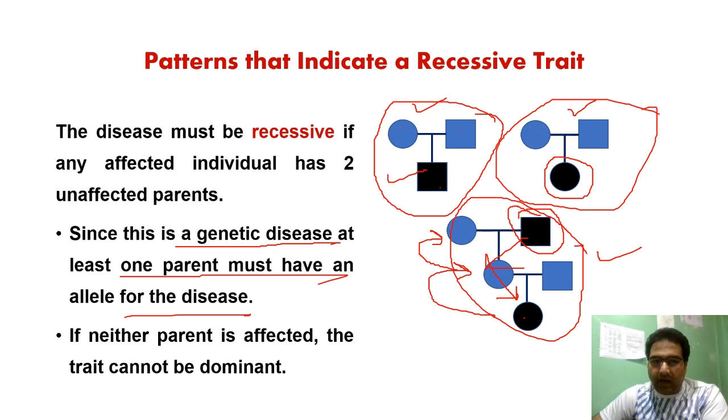So one of the parents must have the allele for the disease, and if the parent is affected, the trait cannot be dominant. If neither parent is affected, then the trait cannot be dominant. It is obvious that the trait is recessive only.